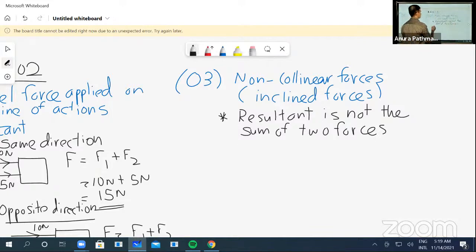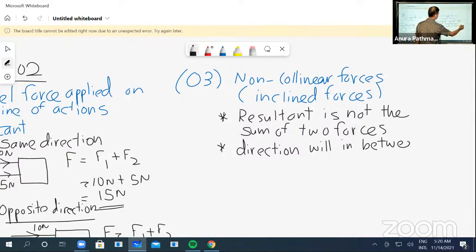The direction will be in between the two forces.